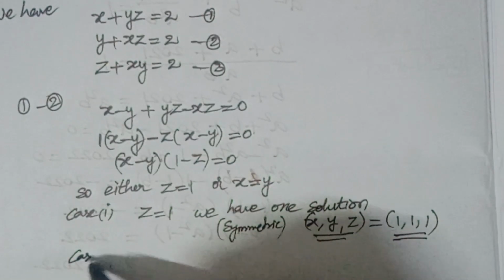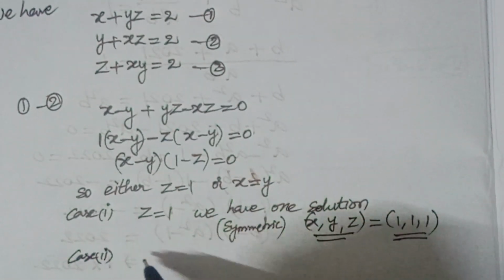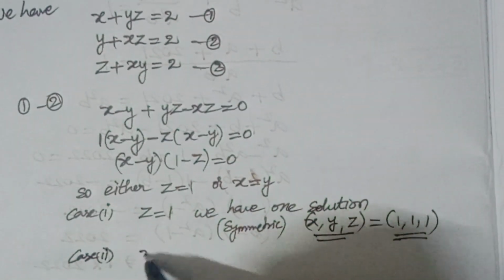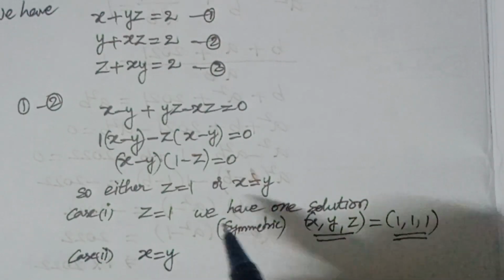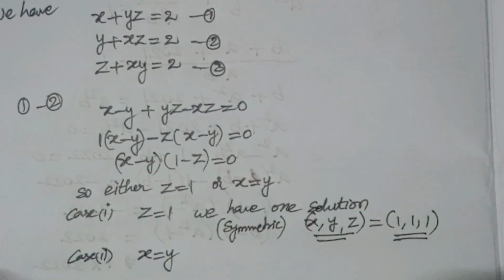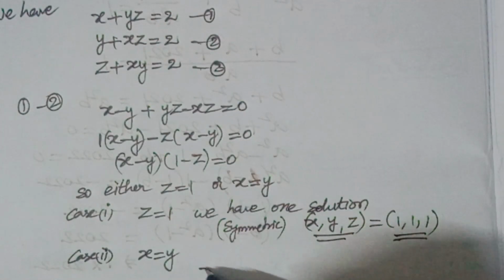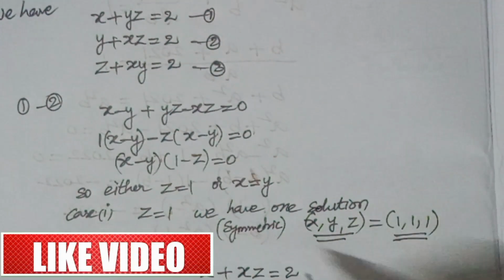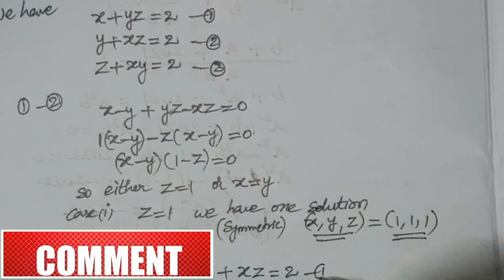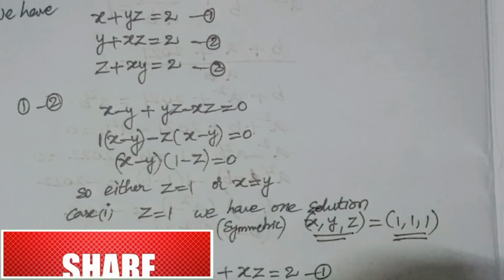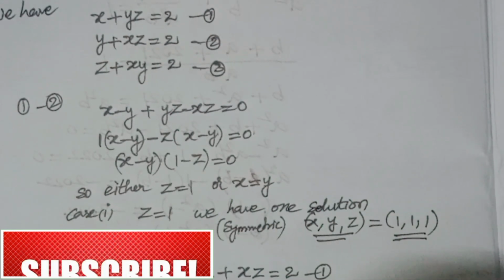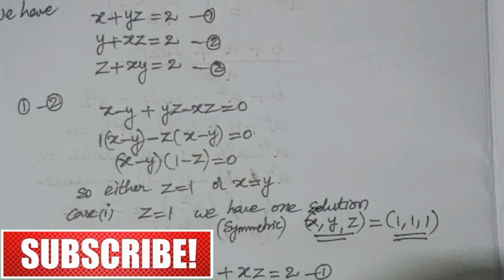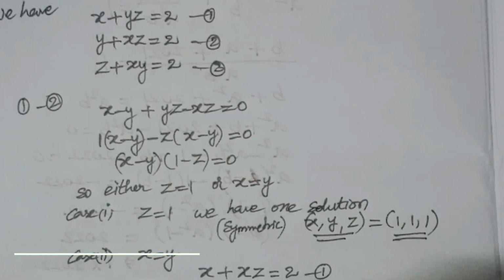Now if you take case 2, x is equal to y, so replace it in the first one: x plus xz is equal to 2, and if you replace it in the third one, we get z plus x square is equal to 2.